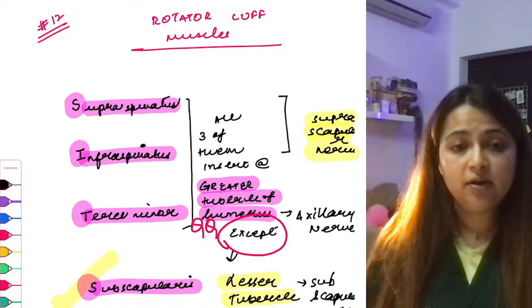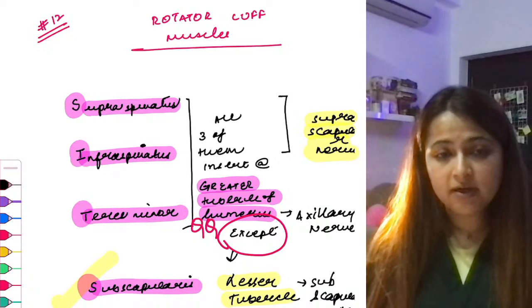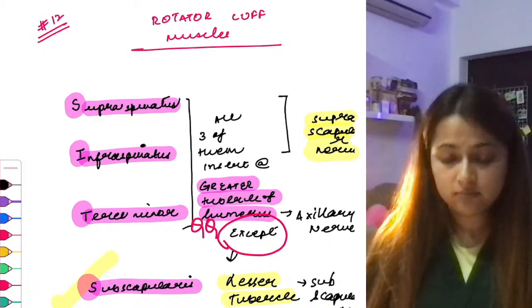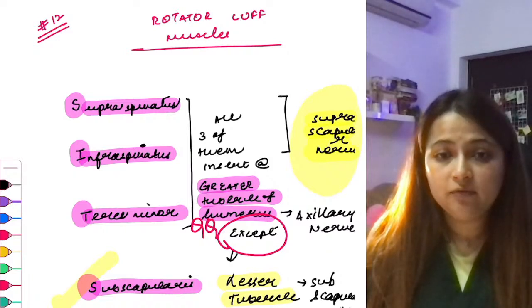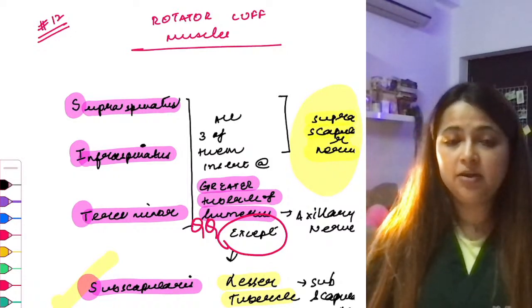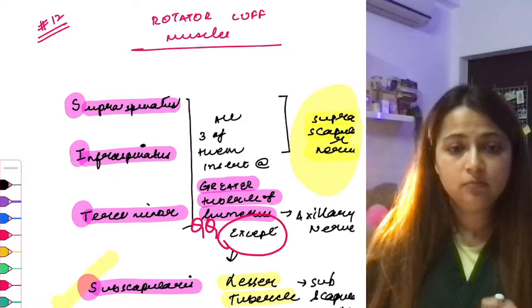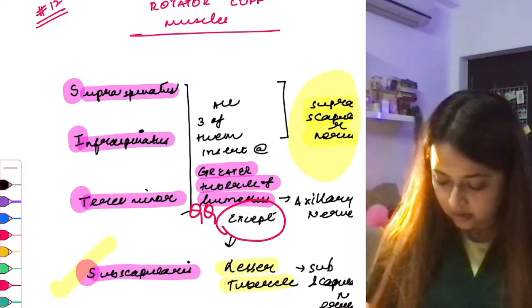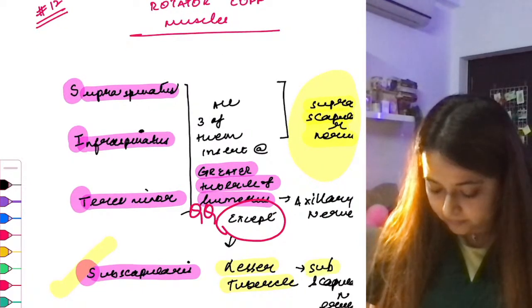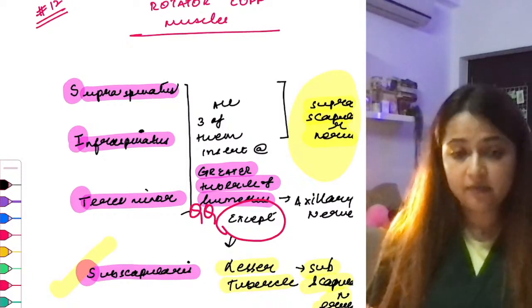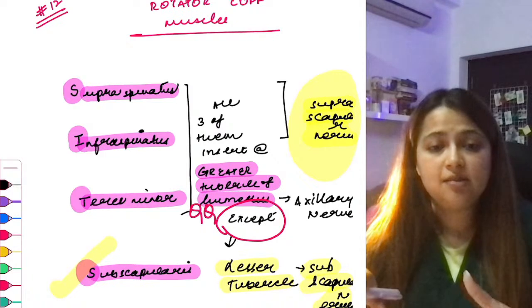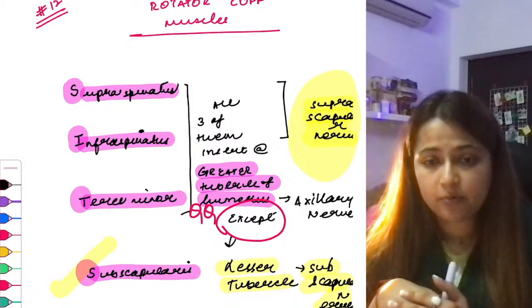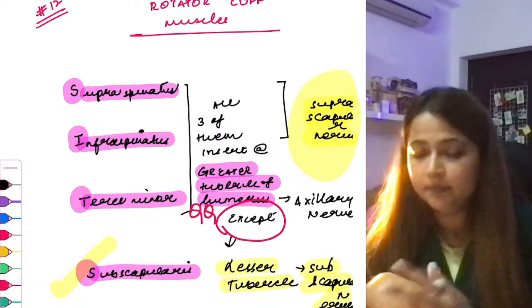And one more important point, infraspinatus muscle is also getting innervated by the same nerve, that is again suprascapular nerve. But teres minor, I told you, axillary nerve. But what about subscapularis? Subscapularis is getting innervated by the nerve that is having the same name, that is subscapular nerve.